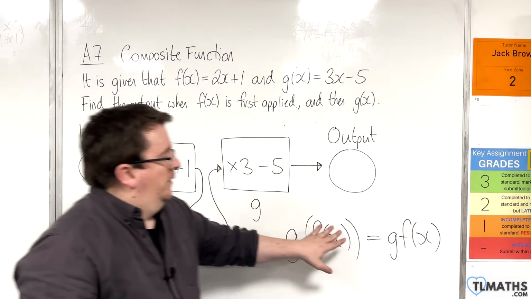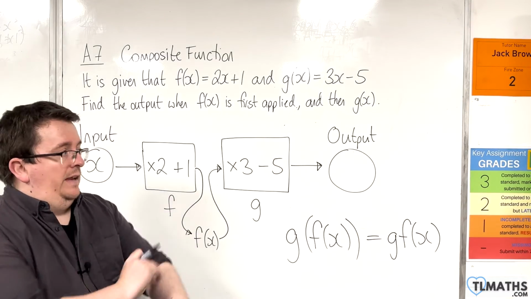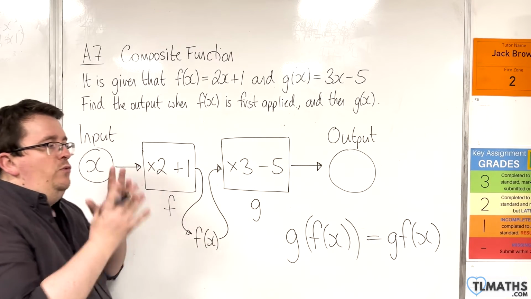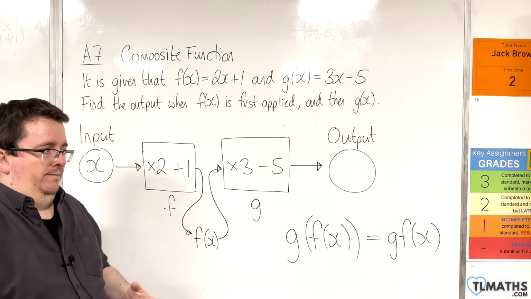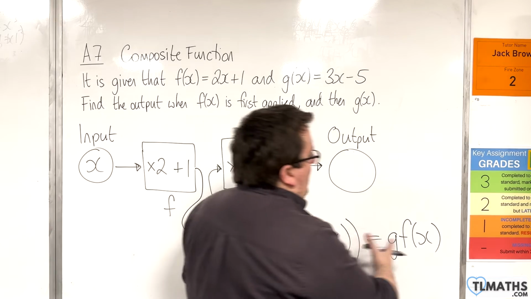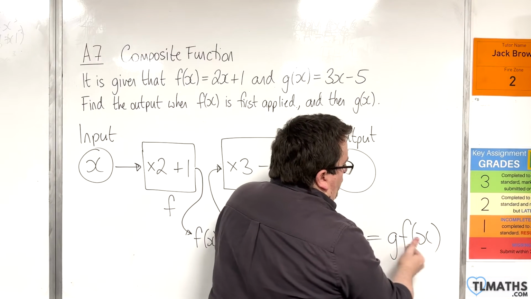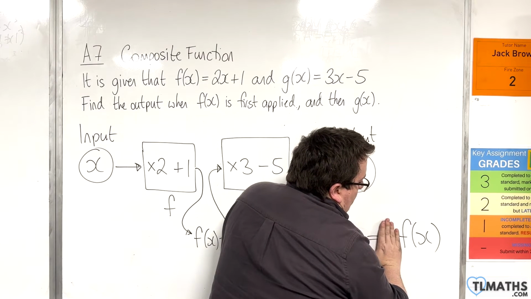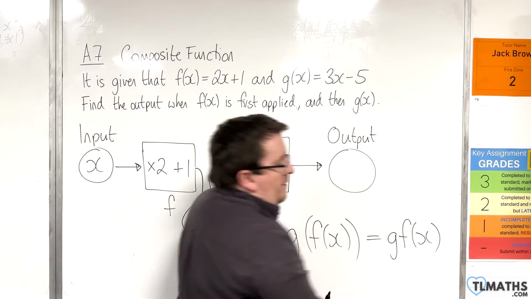So this and this mean the same thing. You need to get the order right. When you read gf of x, you always work from the right-hand side: I apply f first, and then I apply g.